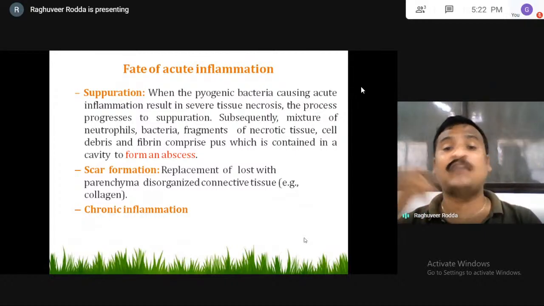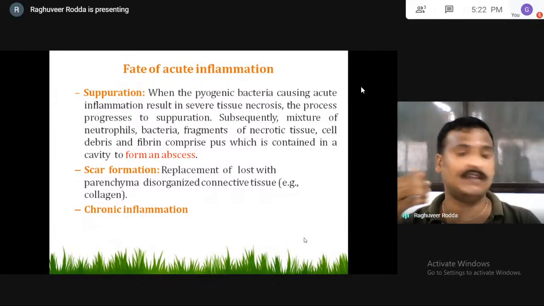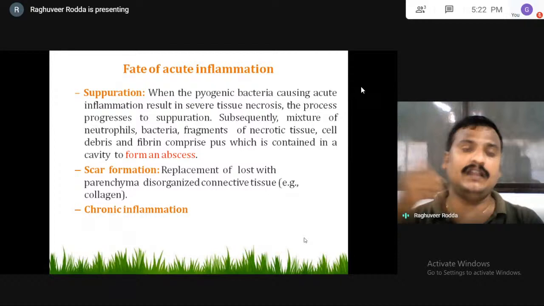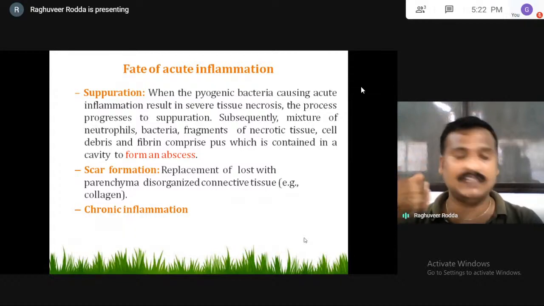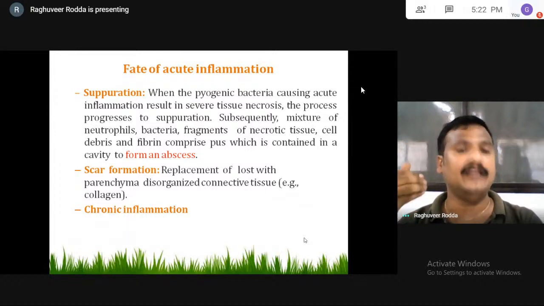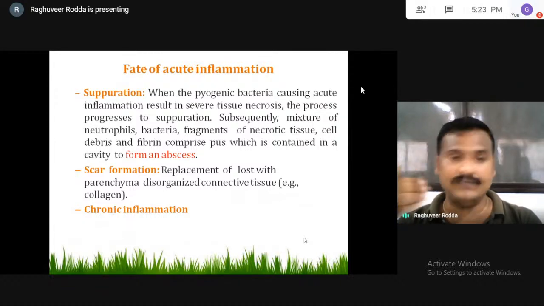And scar formation. Acute inflammation is one of the steps in the healing process. As and when there is a chance of healing, there may be a complete removal of any infectious organism.